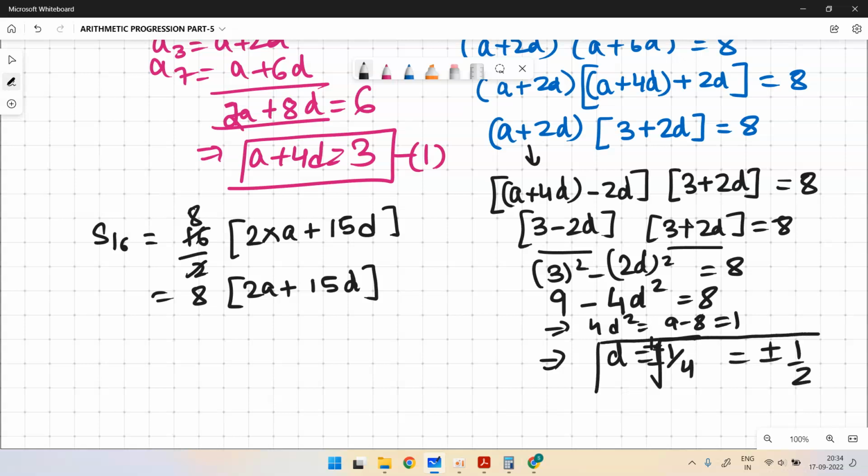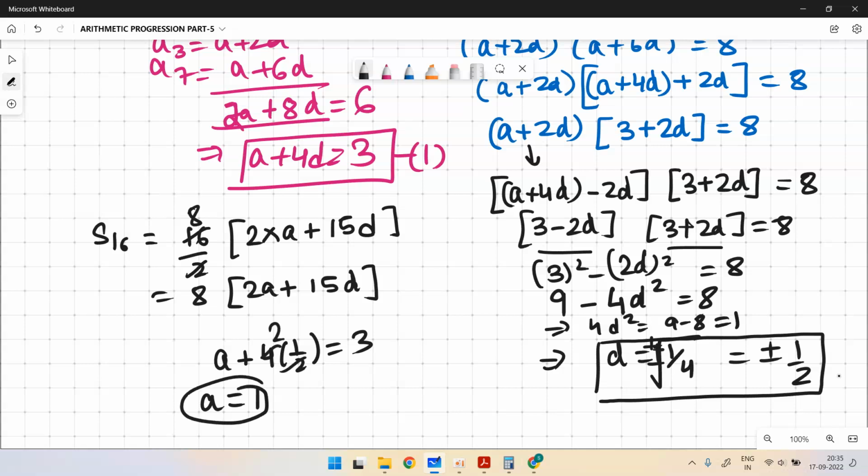Now substitute d as half in a plus 4d equals 3, which gives a as 1. And for d as minus half, a plus 4 into minus half is 3, so a is 5.